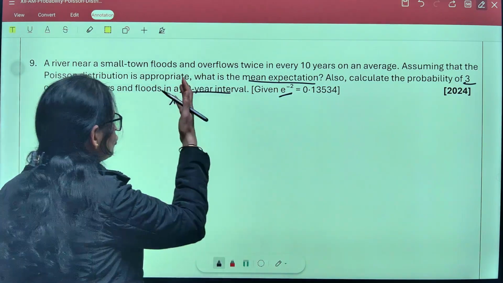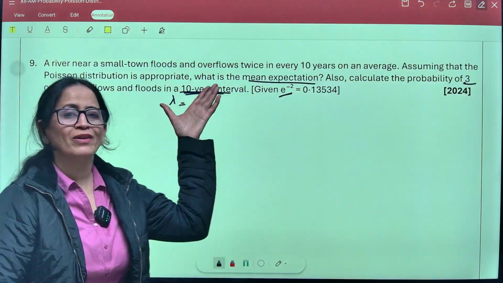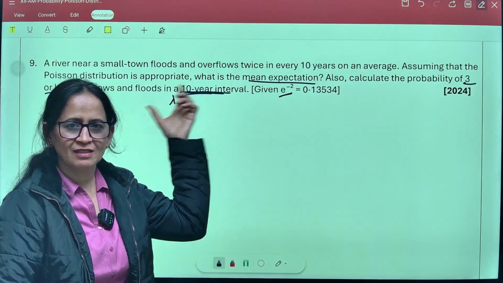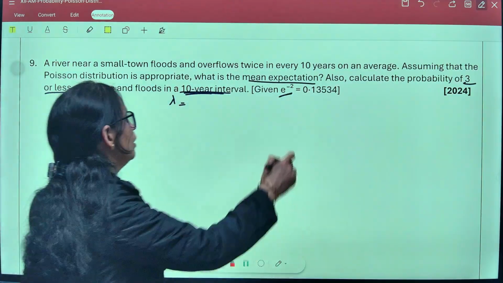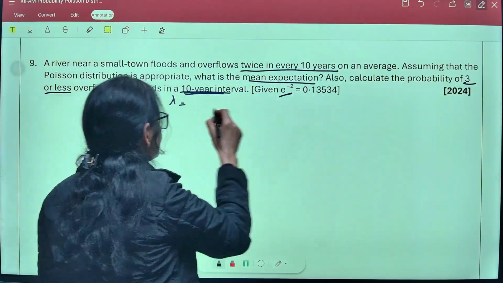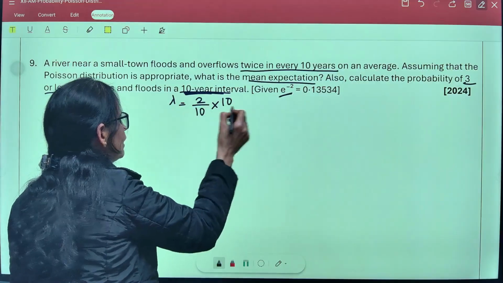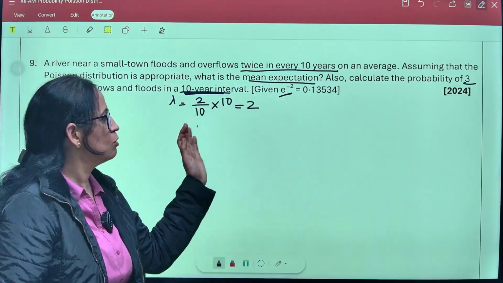So lambda is n into p. What is n here? 10-year interval. So focus on the intended interval, that is 10 here, and the average given to you is also for 10 years, twice in 10 years. That means 2 upon 10 multiplied by this value of 10. It gives you a value of lambda as 2.